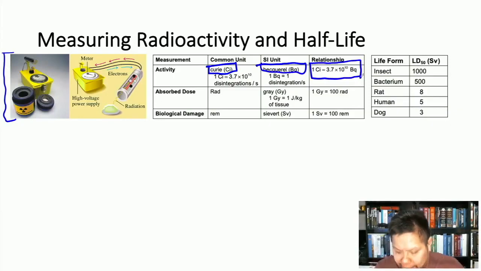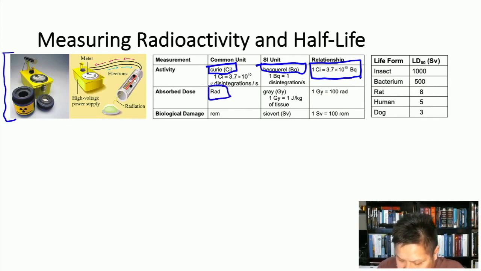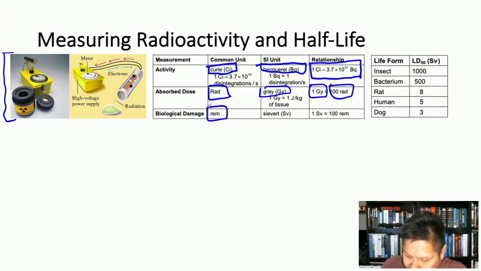If you're talking about the amount of radiation absorbed, we call it the rad for the common unit. But if it's the Standard International unit, we call it the gray. For every 1 gray, there is 100 rads, right? And then I guess the most important unit we use is called the REM for biological damage.